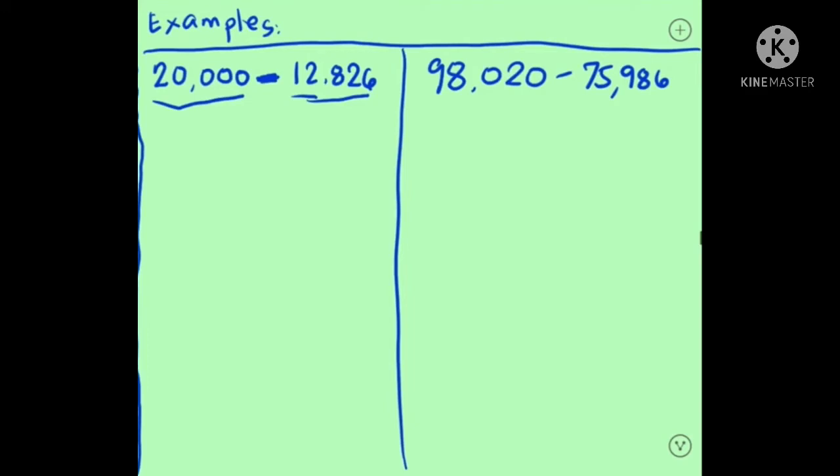Alright? So I will write first the 20,000. That is what we call the minuend. Am I right? Yes, I will put here 20,000. And then our second number, which is 12,826, and of course, do not forget our symbols.